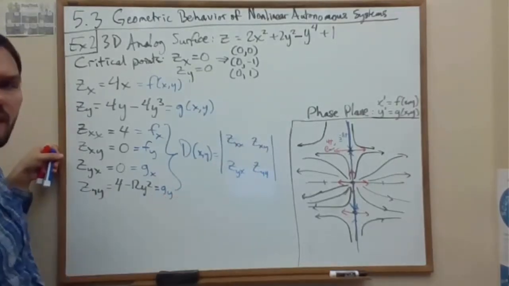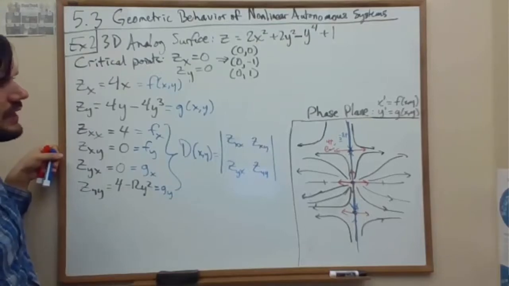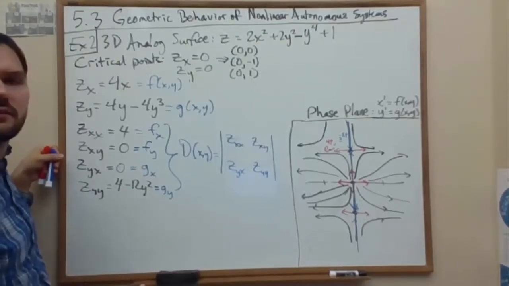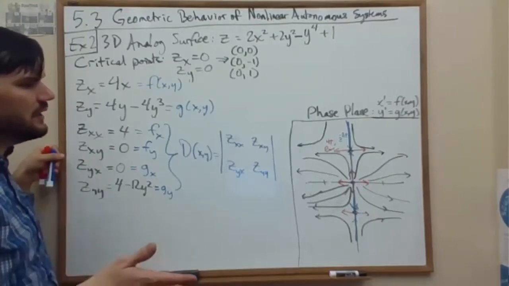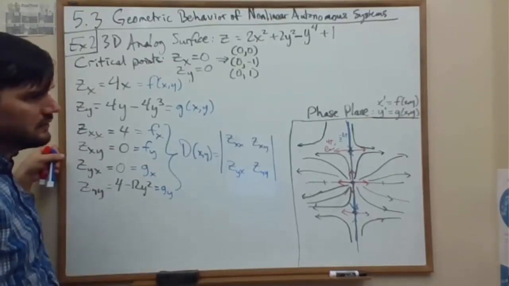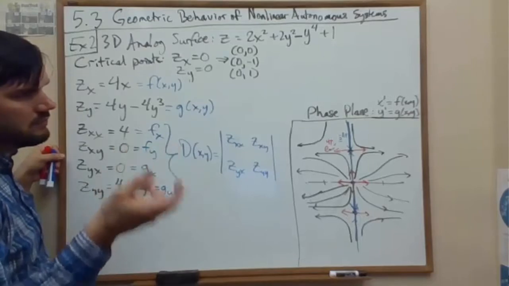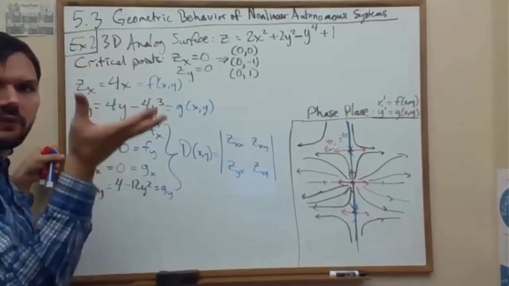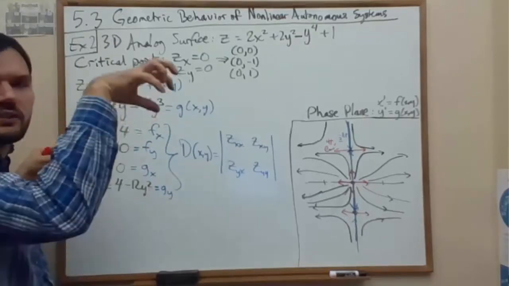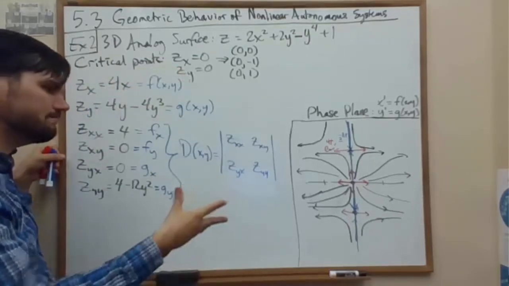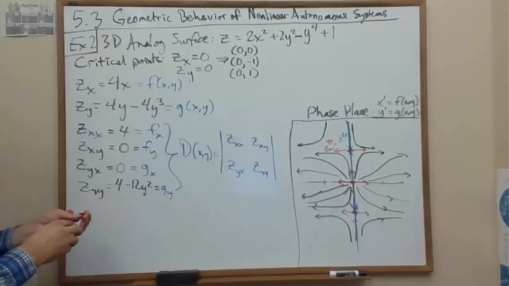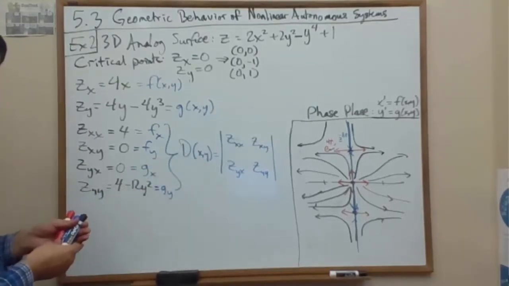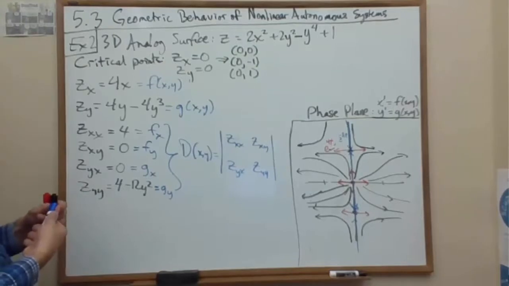If the determinant is positive, they agree. If it's negative, they disagree. If they disagree, it's a saddle. If they agree, then it's either a local min, where the surface moves up from there, or a local max, where the surface moves down from there. So let's check the D value at these three points.